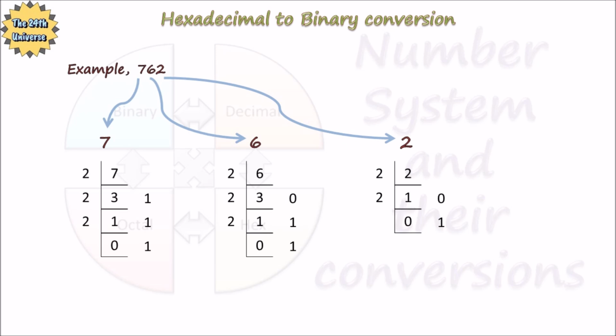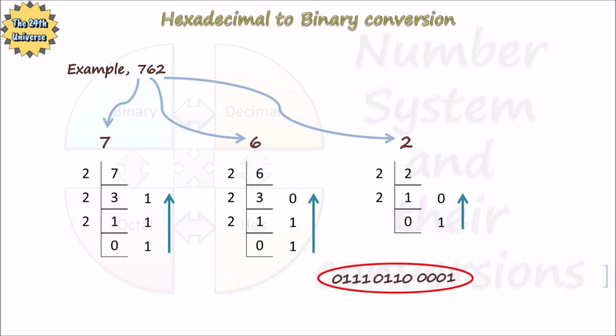Now, collect the remainders starting from the bottom upwards in each group. Add leading zeros to each group if it is not a group of 4 bits. Now join them together to get the required binary number 011101100010.